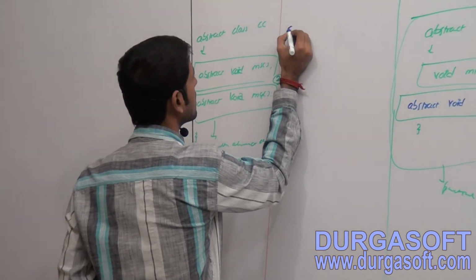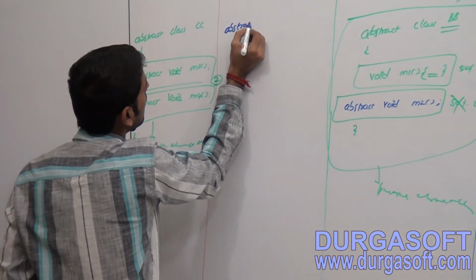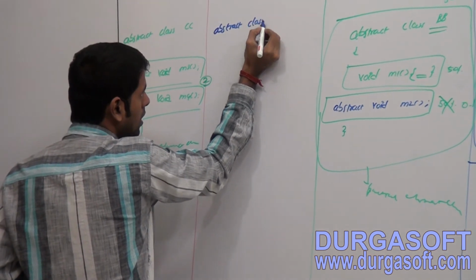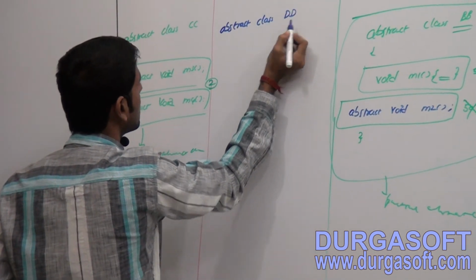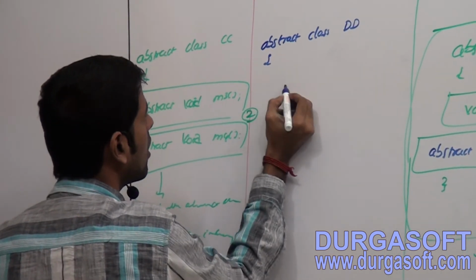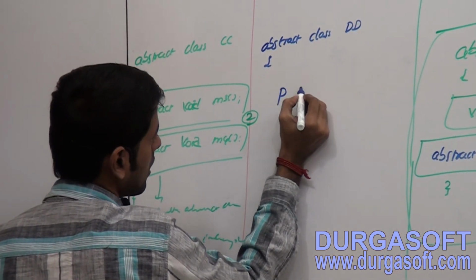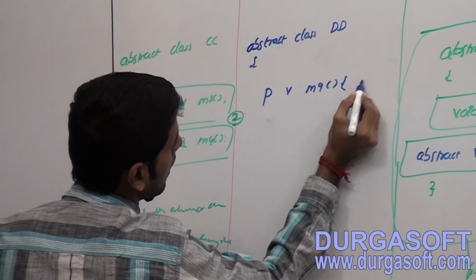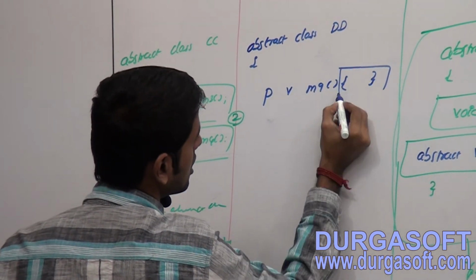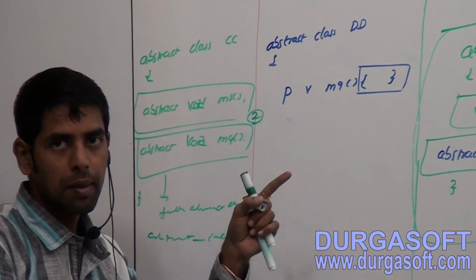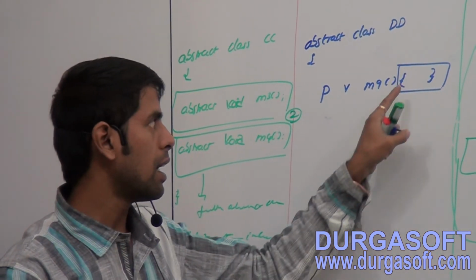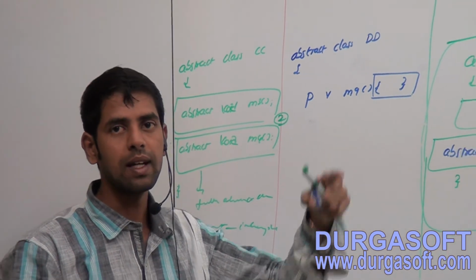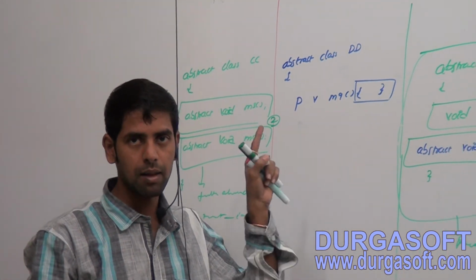Now observe, abstract class D. Observe this one carefully, guys. Void M9 having scope braces which speak about the implementation area, indicating a dummy implementation, meaningless implementation.